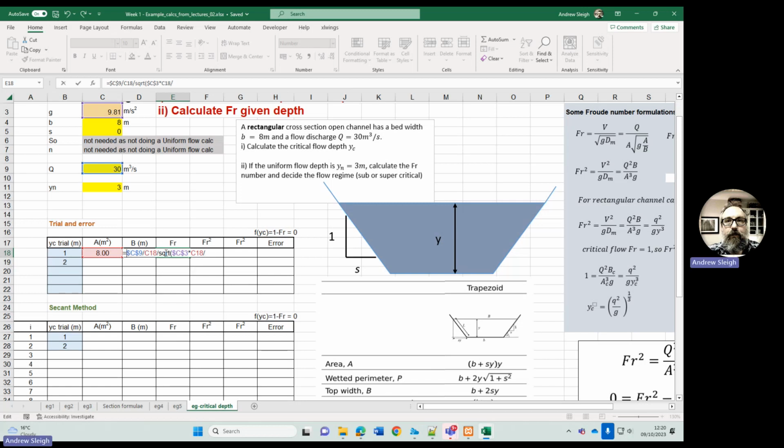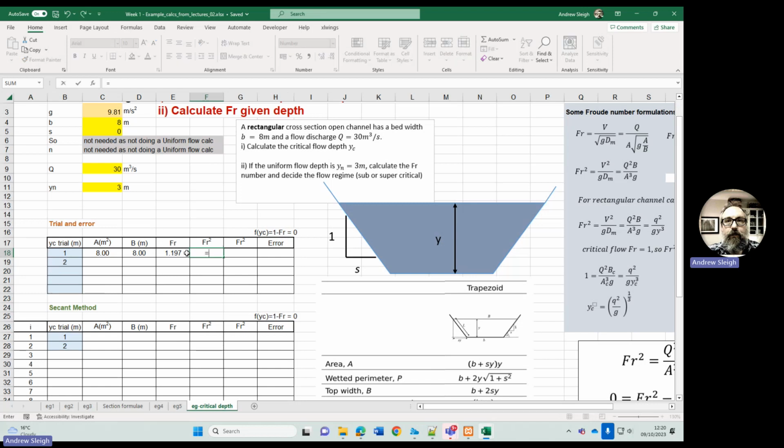It's not letting me type in the width, so let me type it in as letter D18. Close that, that should be good. I'm just actually going to make that one more decimal, because when we get to the Froude number squared, it'll show the slight difference.